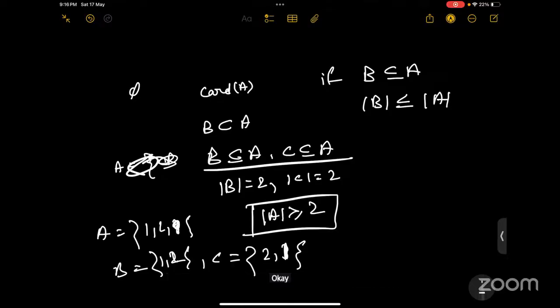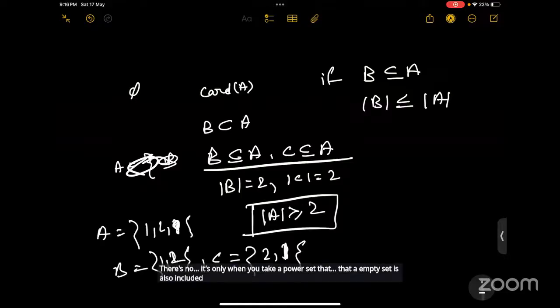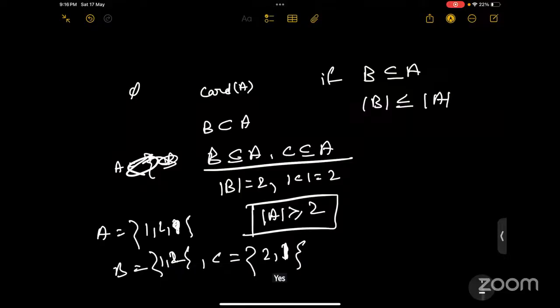Okay. So when you say there's no, it's only when you take a power set that an empty set is also included in it, right? Yes. Okay. But a regular set, not a power set, does not need to include the empty null set?